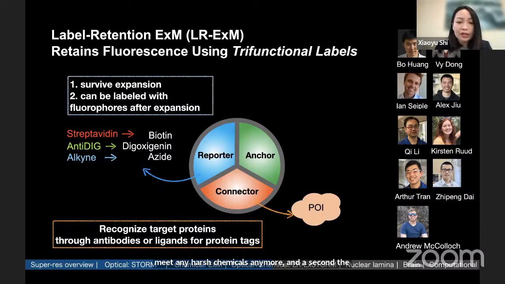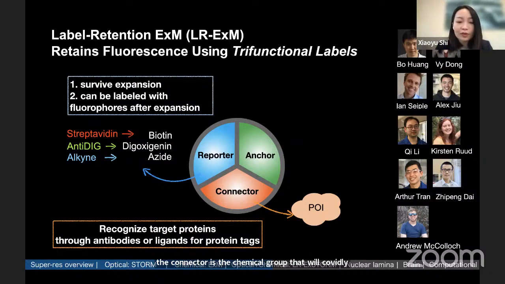And the second functional group is the connector. For example, NHS ester that could bind to antibodies, and your antibody will bring this trifunctional linker to the protein of interest. So instead of conjugating the antibody with the dye, we conjugate the antibody with this trifunctional linker. And the connector is the chemical group that will covalently bind onto the antibody.